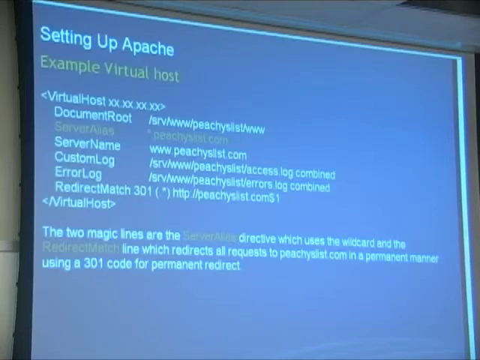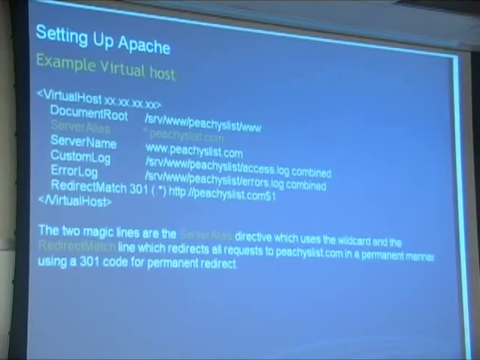Using a server alias, we can actually set a wildcard up to say every variation on this URL goes to the same Drupal site. Drupal will basically handle which website to deliver, but the Apache needs to send all the traffic to that one Drupal install. The other line to look at is the redirect match.